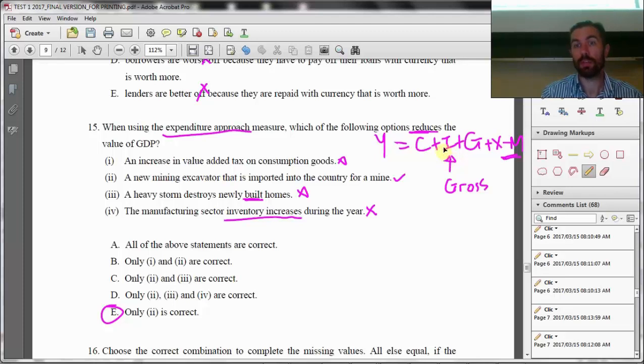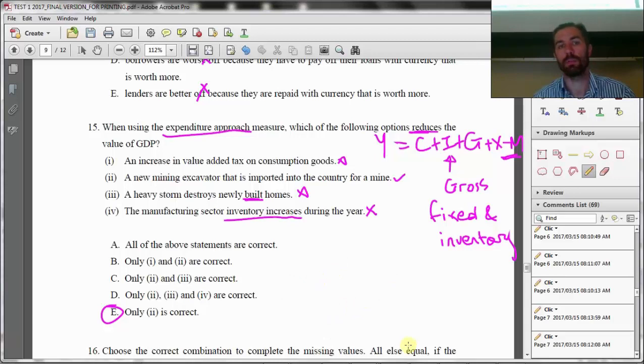Investment is gross investment, which includes fixed investment and inventory investment, right? So if inventory investment's going up, that's part of your investment going up. Your output would be going up, your GDP would be going up. It wouldn't be reducing our measure of the value of GDP.